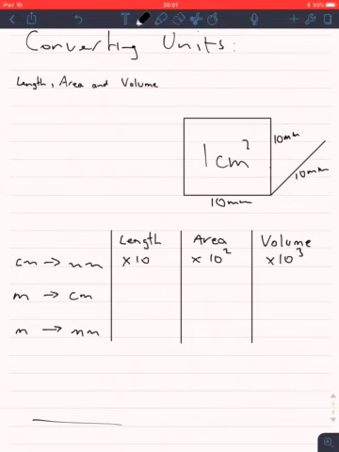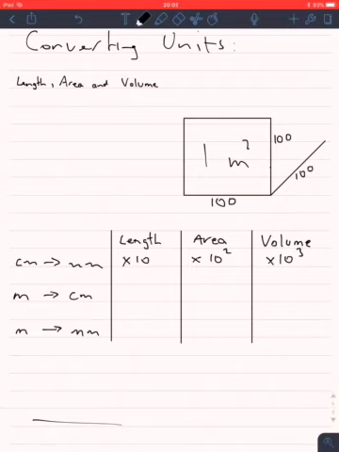Now to illustrate the next one, metres to centimetres, what I'm going to do is remove those units. And so now I can mark on, I've got a line or a square or a cube, and each edge is 1 metre long, and in centimetres we can convert that to 100. So 100 centimetres along each edge.